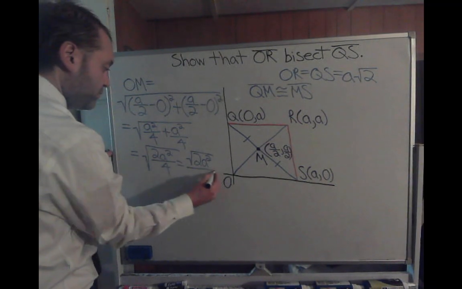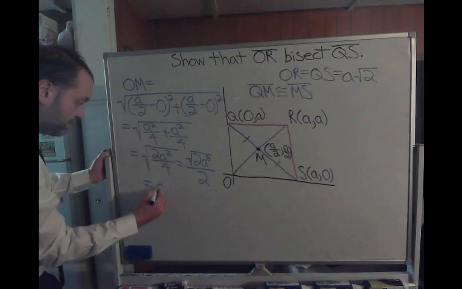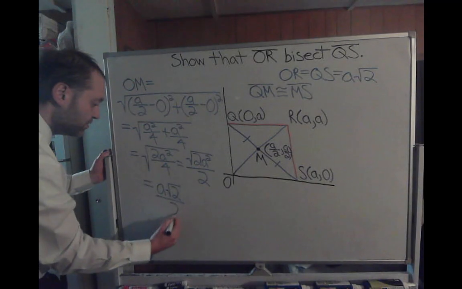Well, the square root of 4 is just 2, which, to simplify this, would end up giving you a times the square root of 2 all over 2.